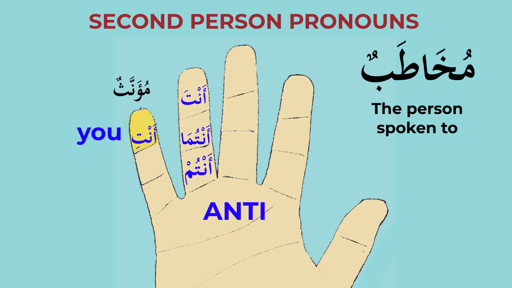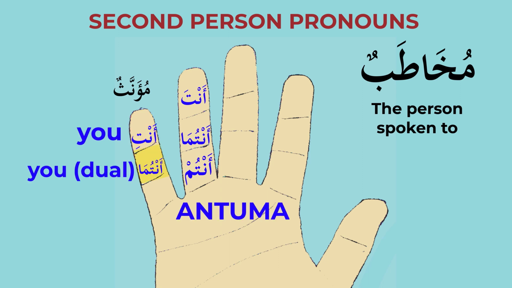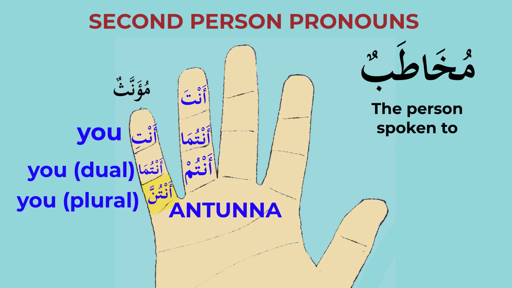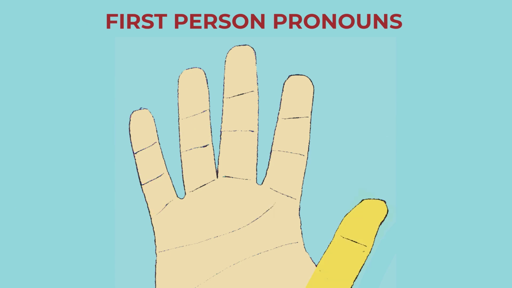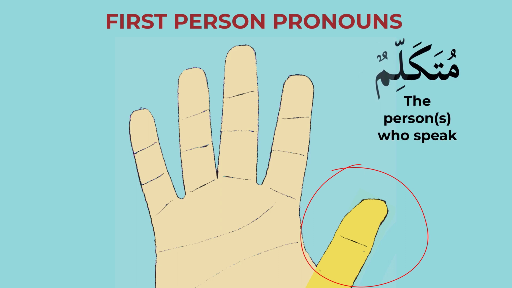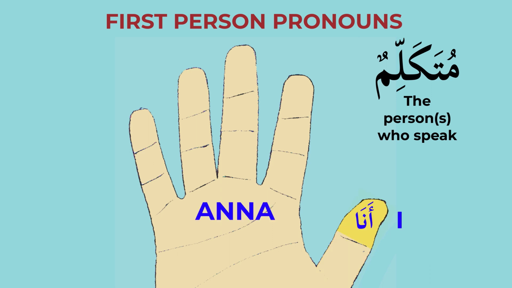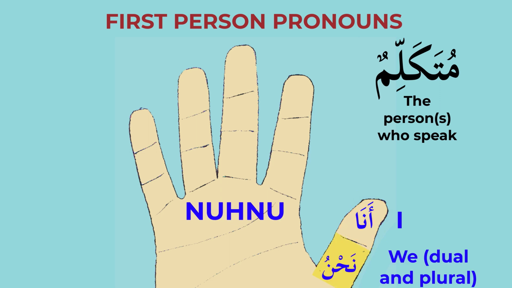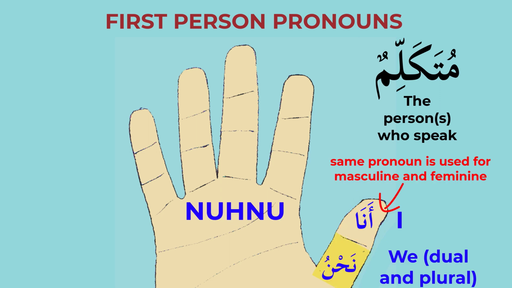Anti. Antuma. Antunna. Are you with me, brothers and sisters? This thumb is for first person, al-mutakallim, the one who speaks. But then there are only two sections. Ana and nahnu. Both mudhakkar and muannas are same.